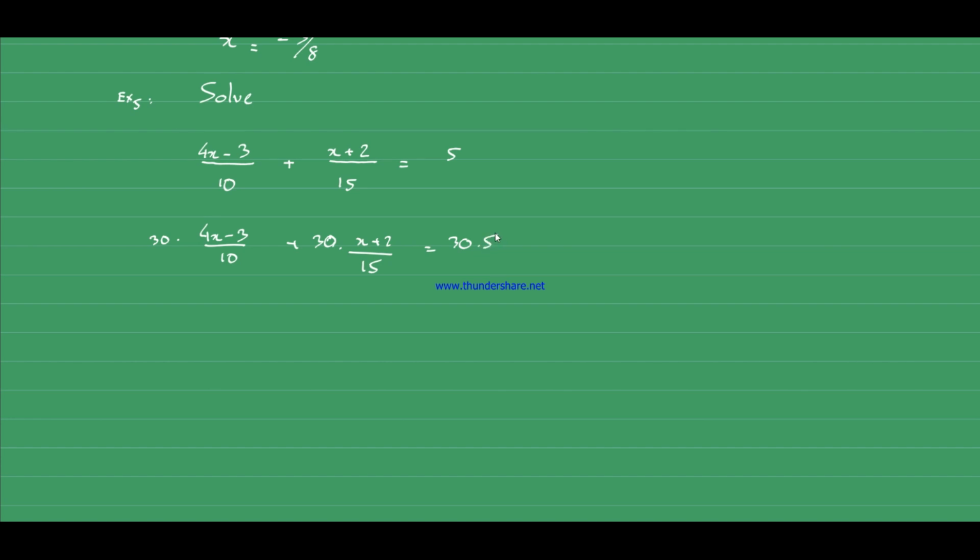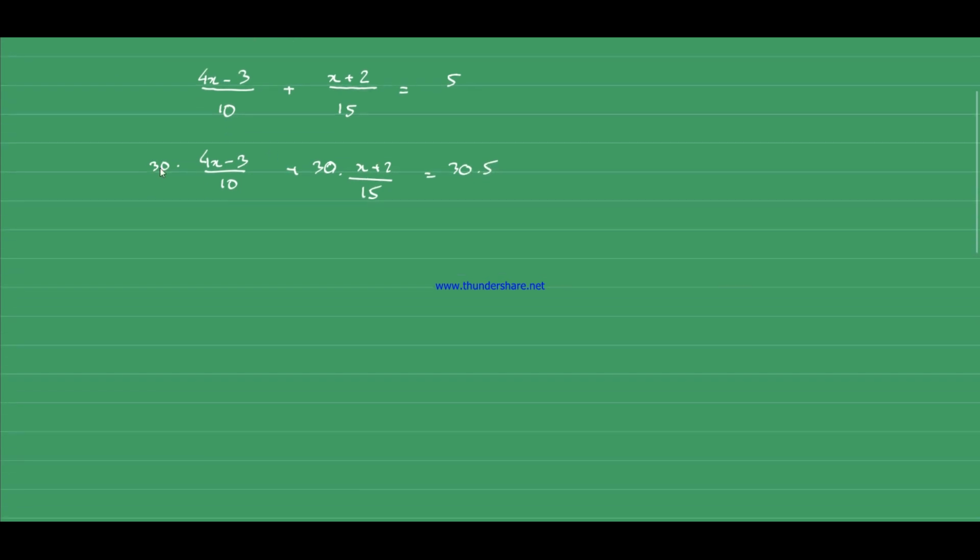The reason I picked 30 is that 30 simplifies with 10 to give you 3, so no more denominator. But make sure you put parentheses. 30 simplifies with 15 to give you 2. 30 times 5 is 150. Here you go, now it becomes very simple.